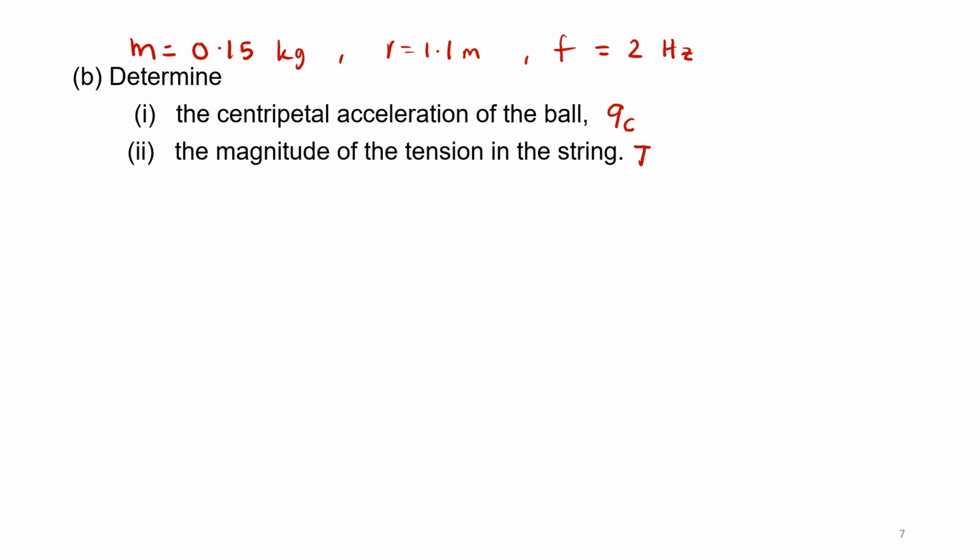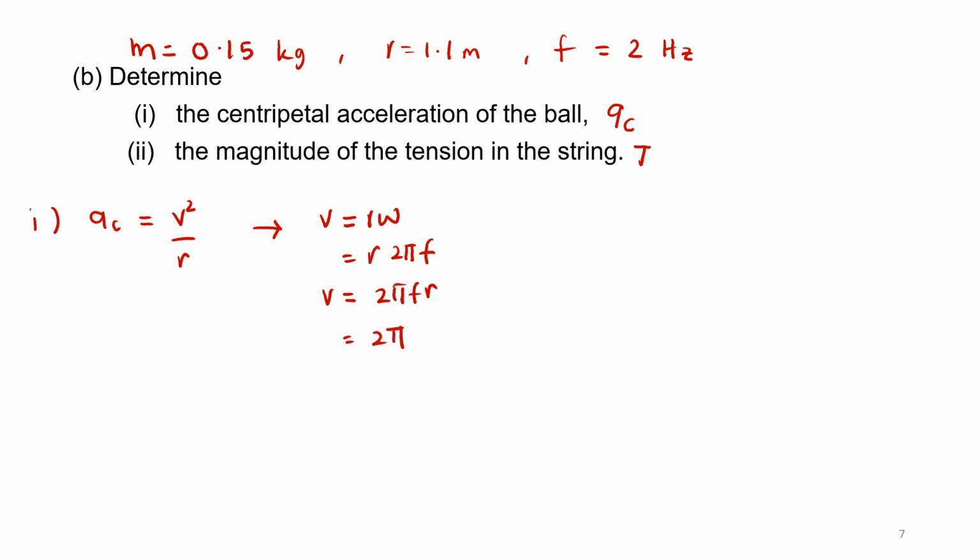Okay, so for question 1, AC is equal to v square over r. So the first step, we need to calculate the linear speed first. So v is equal to r omega. So omega is 2 pi f, so we have v is equal to 2 pi f r.